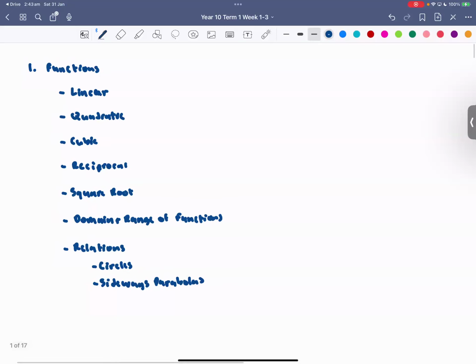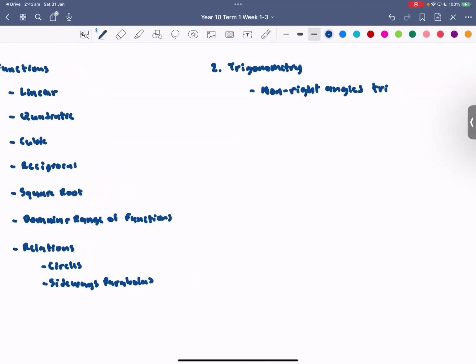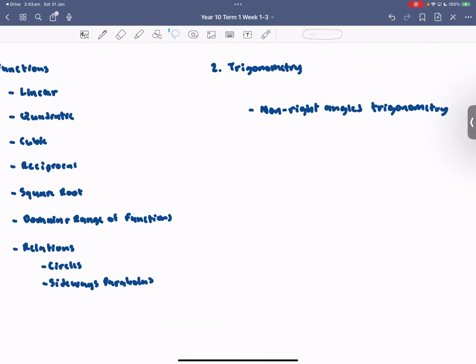All righty. Another topic in year 11 methods is trigonometry. Trigonometry includes non-right angled trigonometry. Oh, by the way, it also includes right angle trigonometry. Has anyone got another way of saying right angle trigonometry very quickly, which is not a word?